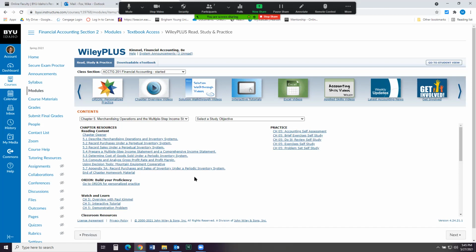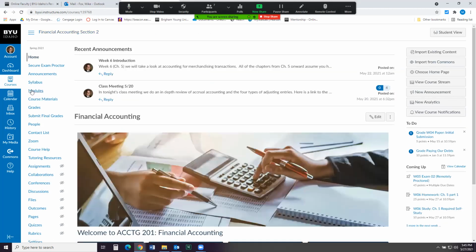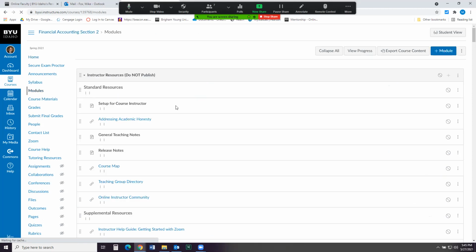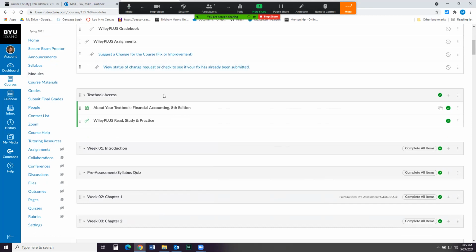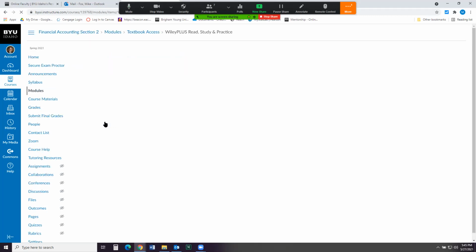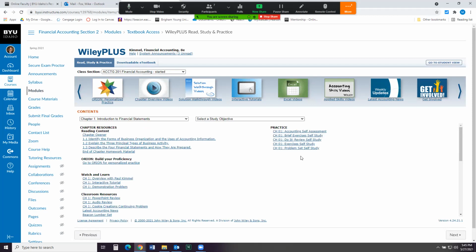So can you go back and show me one more time where that is under modules? Sure. So here I am at the home page. I click modules. I'll scroll down to the textbook access module and the Wiley Plus Read, Study, and Practice link. And that brings me to this set of tools.